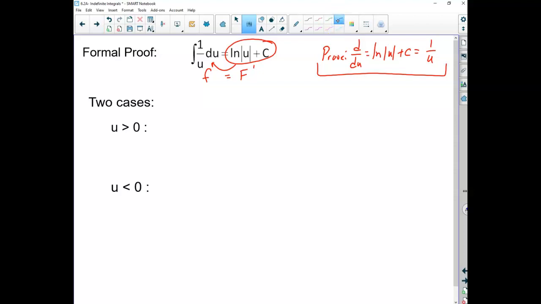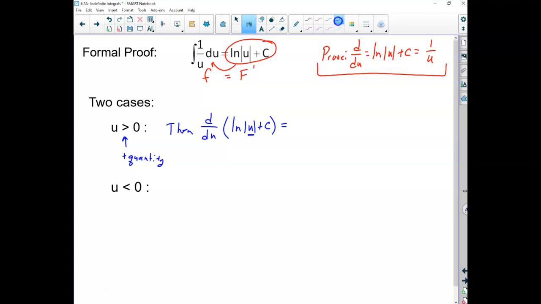First case is if u is greater than 0. Well, if u is greater than 0, this is some positive quantity, right? And if it's a positive quantity, then the derivative with respect to u of ln absolute value of u plus c really equals, well, what does the absolute value do to something that's positive?